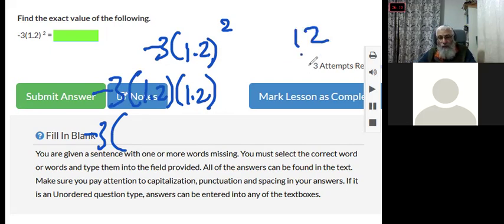What is 12 times 12? 12 times 12 is 144.